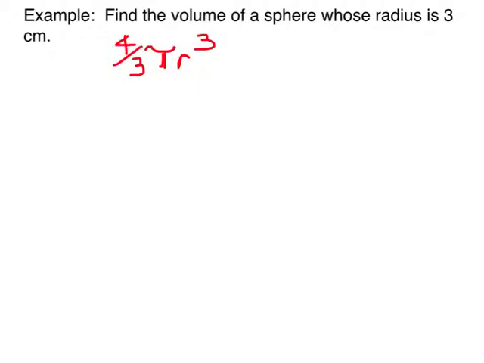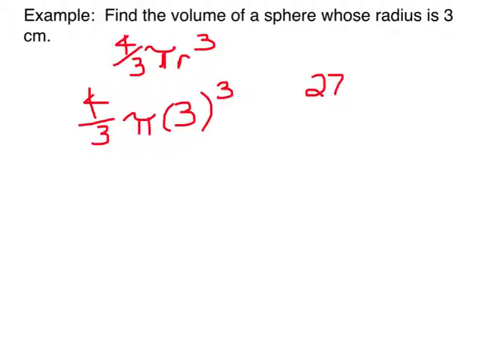Then if our radius is 3, we're going to say 4/3 times pi times 3 cubed. And I know that 3 cubed is 27.